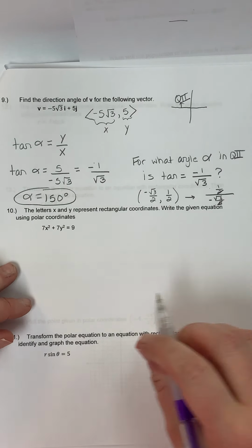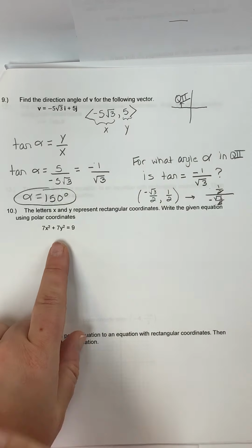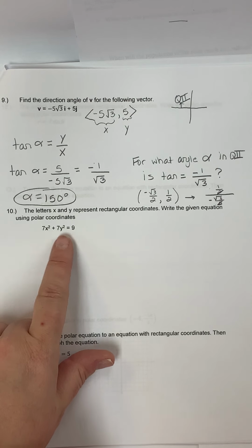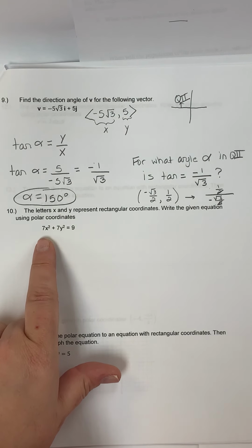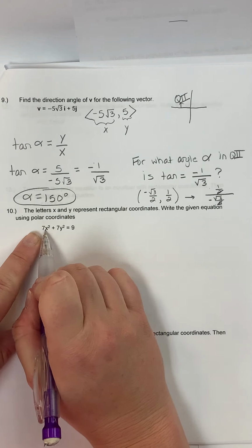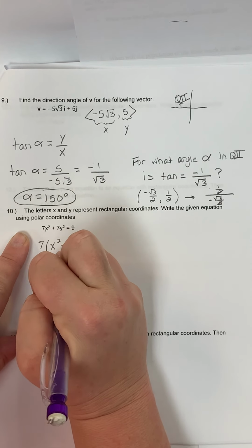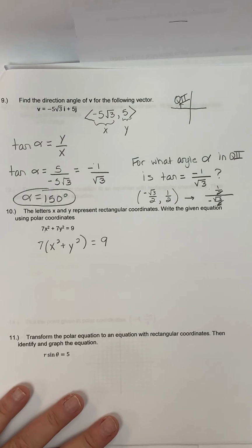Okay, so here we go. We want to rewrite this as a rectangular equation. I'm sorry, this is rectangular, it's got x and y. We want to rewrite this as a polar equation. What I see right away is I have a GCF on this side of 7. If I pull out that GCF, that's what I end up with.